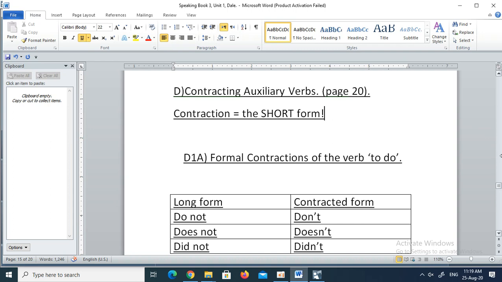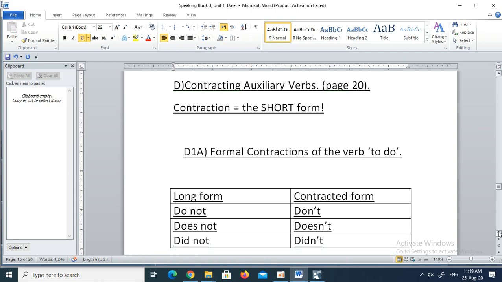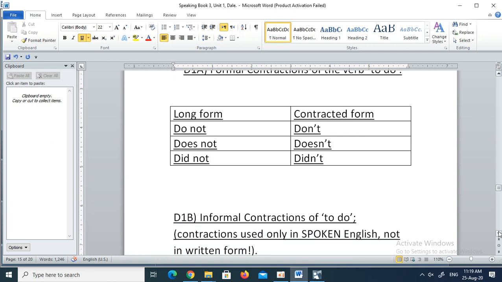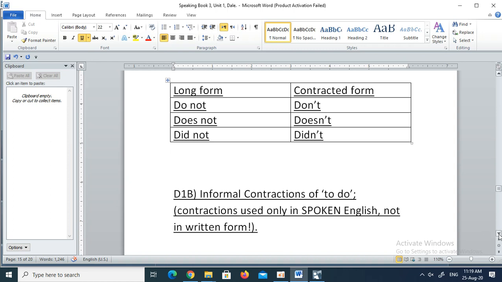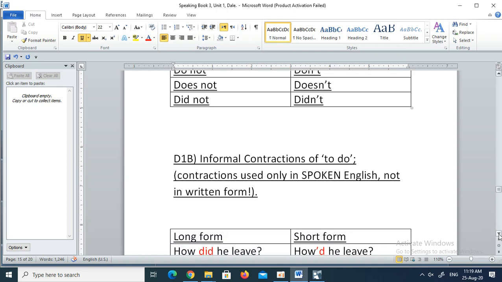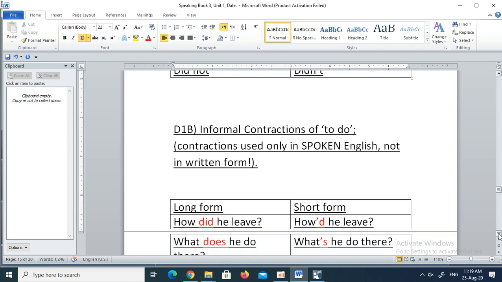All right. So, if we look at formal contractions of the verb to do, do not goes to don't, does not goes to doesn't, did not goes to didn't. If we look at informal contractions of do, and informal contractions mean those contractions which we only use in spoken English, not in written form.